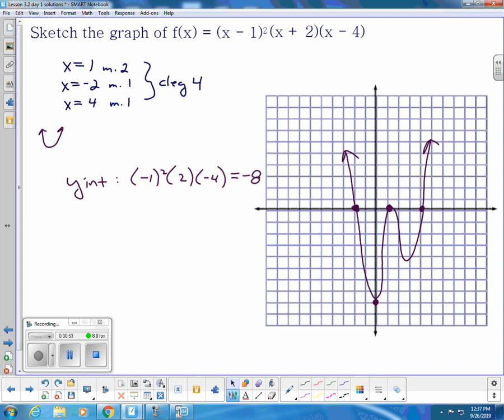Does that make sense? You got to know where your bounces are, where your simple crosses are, and where your jogs are. We good? I love multiplicities.